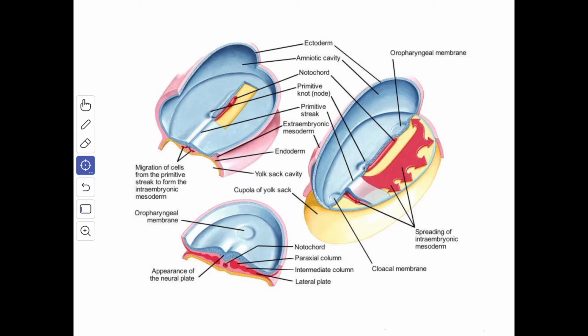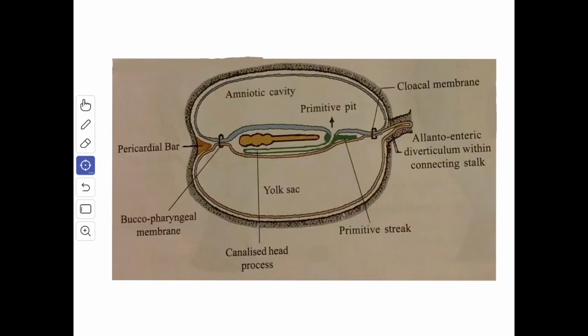In this image, you can see this is the primitive streak and this is the primitive node or Hensen's node. The center of Hensen's node presents a depression known as the primitive pit. This corresponds with the blastopore of the lower vertebrates.